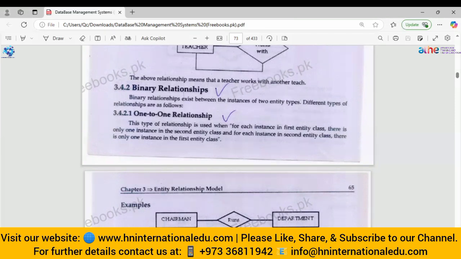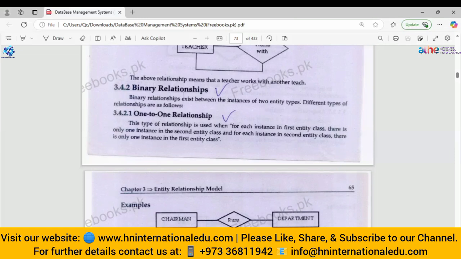It means one entity holds one relationship with the other. If we take another example of a one-to-one relationship, at a single time you can study one book, and that book cannot be studied by another student at the same time.